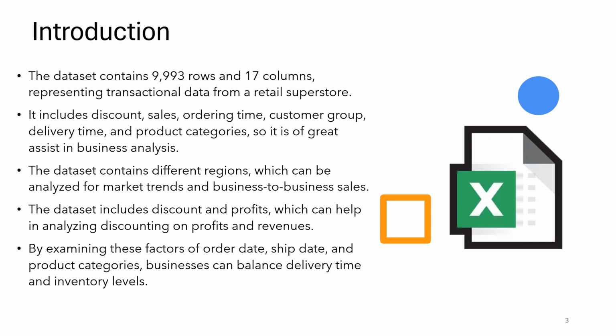The dataset contains different regions which can be analyzed for market trends and business to business sales. The dataset includes discount and profits which can help in analyzing the effect of discounting on profits and revenues. By examining these factors, the order date, ship date, and product categories, businesses can balance delivery time and inventory levels.